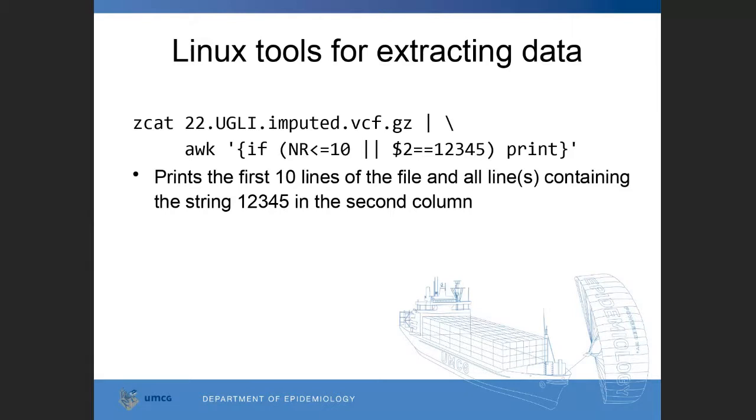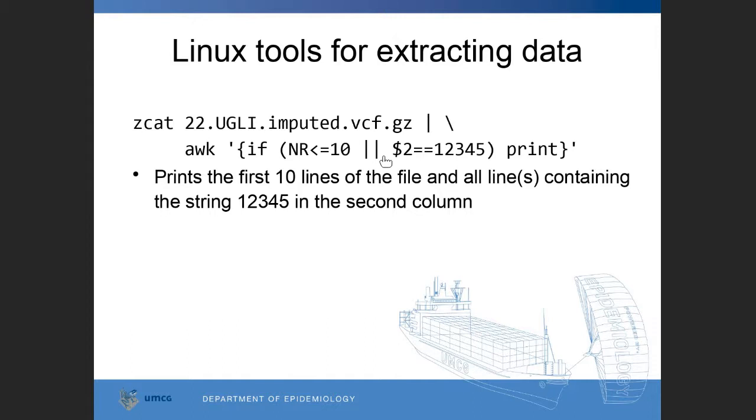This awk command can be extended. Awk is a very nice way to put more complex things within. So here, for instance, this tells you to not only print the lines that contain 12345 in column 2, but this will also print the first 10 lines.